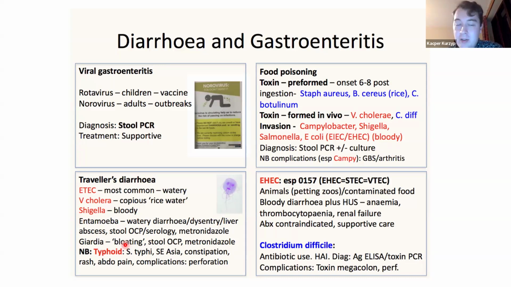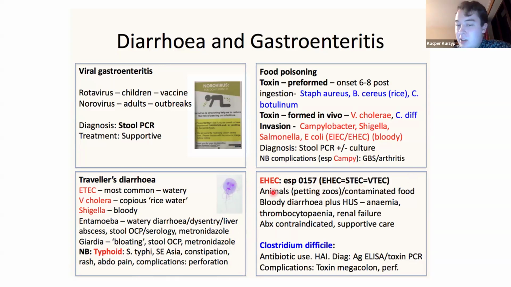Of note, you have your typhoid fever, caused by Salmonella typhi or paratyphi, and that is your Southeast Asia trip, and presents unusually compared to other infections with constipation, rash, fever, and abdominal pain. It usually self-resolves, but they need to be closely observed and potentially hospitalized, as there is a risk of perforation. And then things get bad.